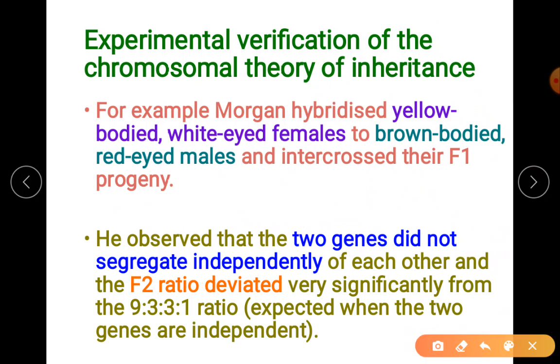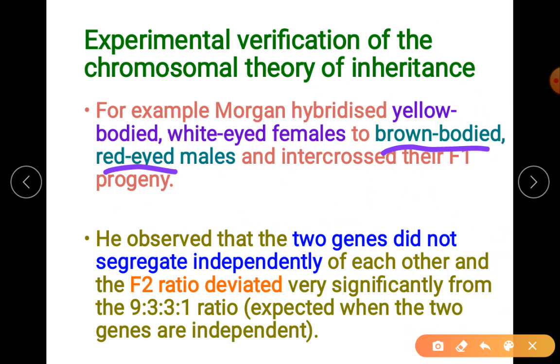So what had he selected? He selected yellow-bodied, white-eyed females. The body is yellow but the eyes are white, and those were females. So there are 2 characters. Then he crossed them with brown-bodied, red-eyed males.